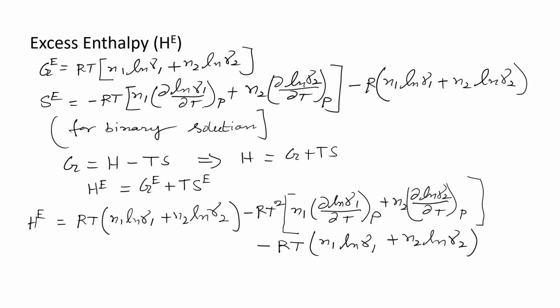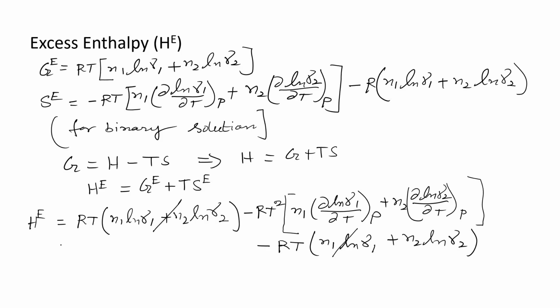Then the excess entropy expression, the full expression, I have written and multiplied by T. Now this one and this one get cancelled.